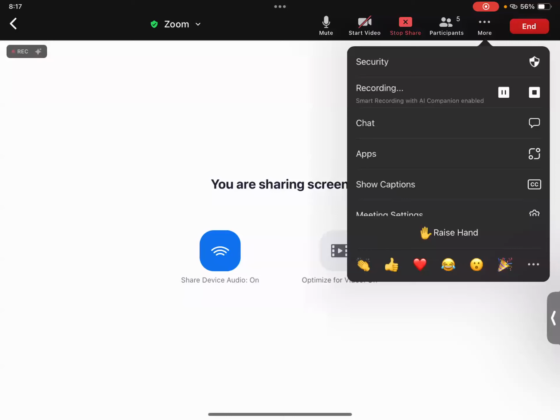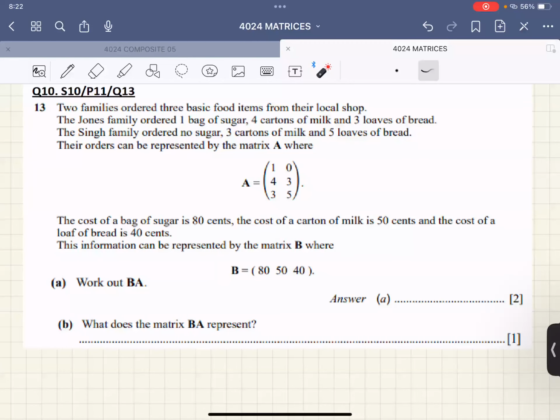Now, let's look at this question, very similar to the example that we just studied. The question says 2 families ordered 3 basic food items from the local shop. The Jones family ordered 1 bag of sugar, 4 cartons of milk, and 3 loaves of bread. So now let me highlight this.